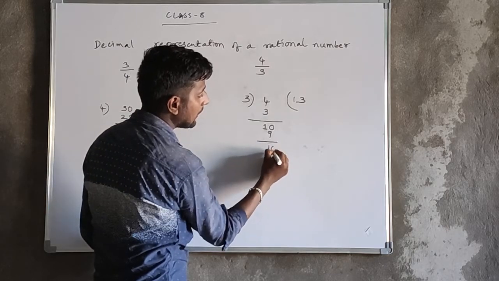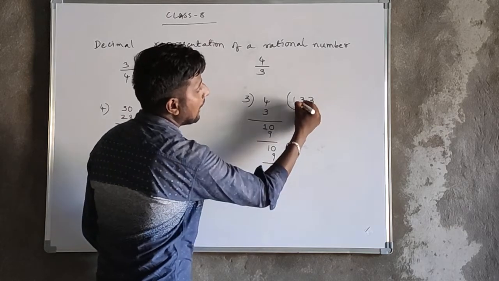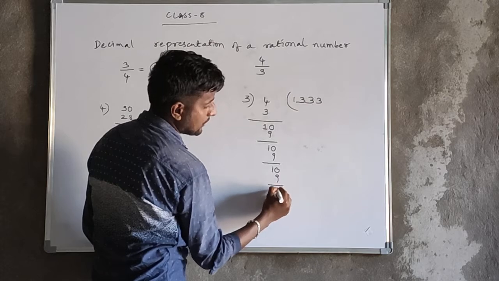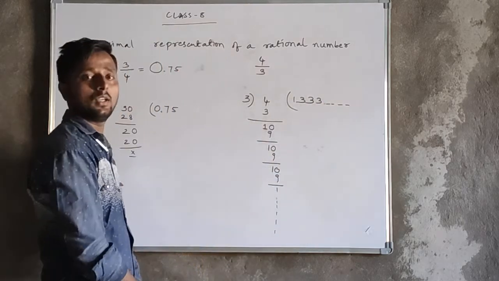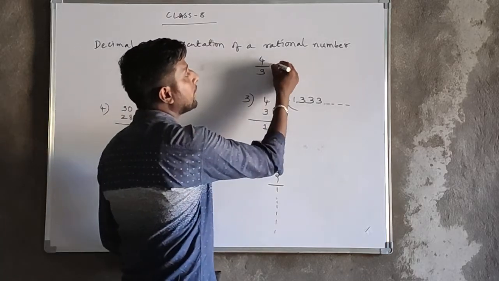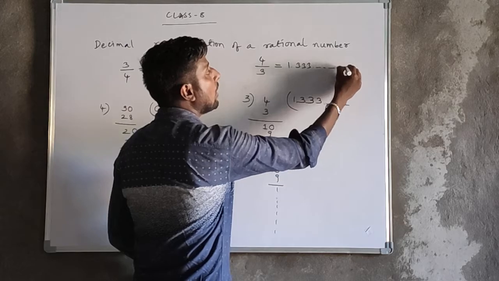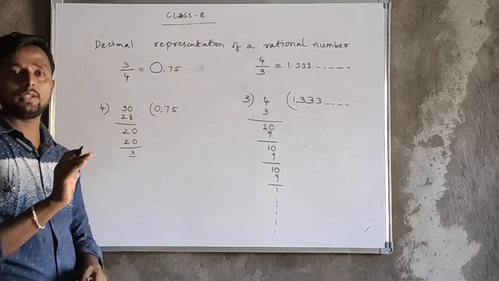Same, decimal 10, 3 threes are 9, again 1. So this division repeats, and here the digit also repeats. So the value of 4 by 3 is 1.333, and so on. If you continue the division, the digits also repeat.